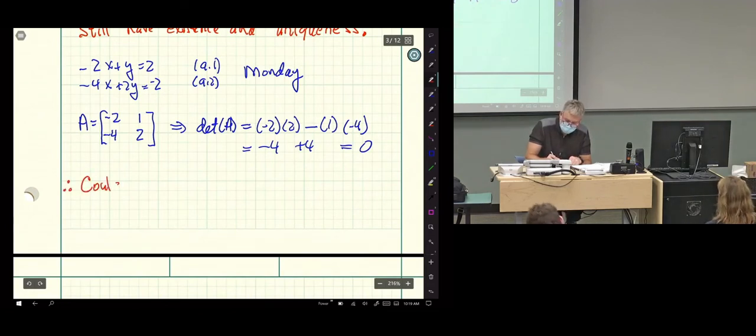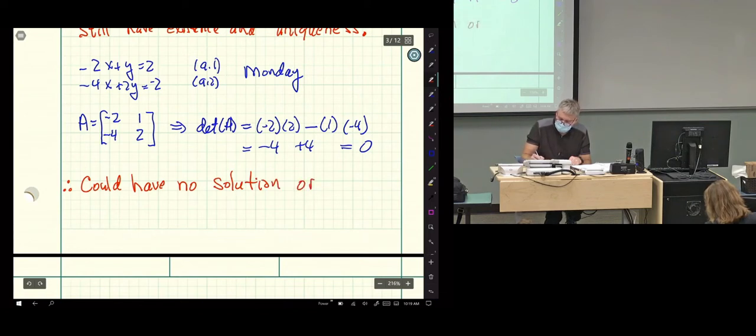Conclusion: could have no solution or an infinite number of solutions. And for us right now, that's a good enough conclusion.